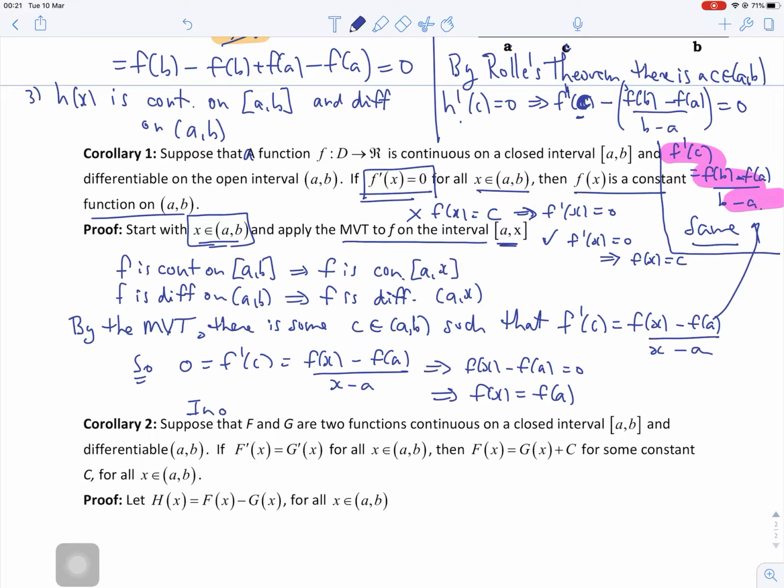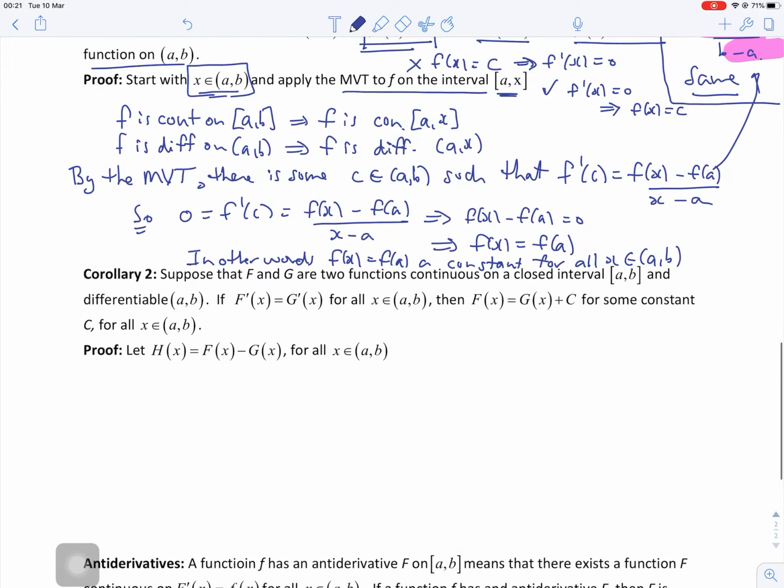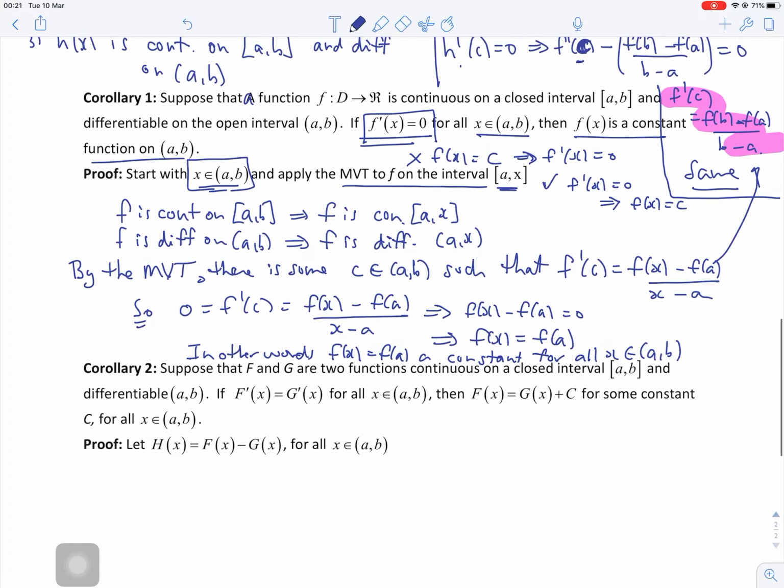In other words, f of x is f of a, a constant, for all x in the interval AB. So we've just proven by the mean value theorem that if a first derivative is equal to 0, then that function is a constant function.